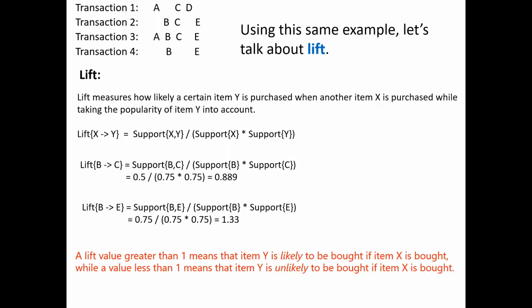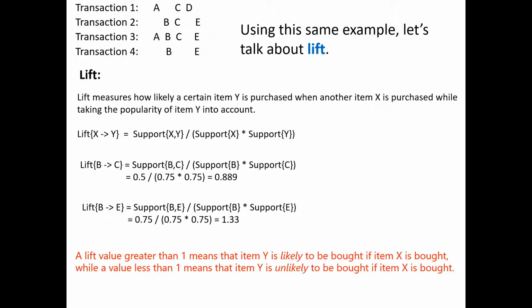So let's look back at this first example, lift of B arrow C. That value is less than 1. So we would say that a value less than 1 means that item C is unlikely to be bought if item B is also being purchased.